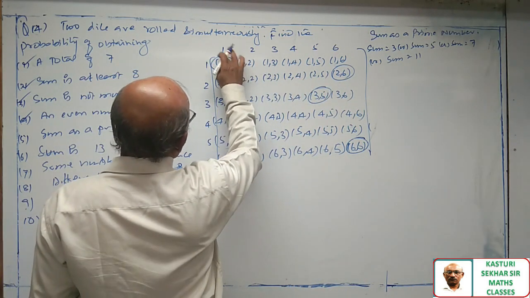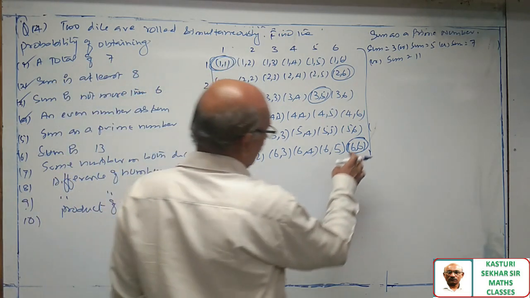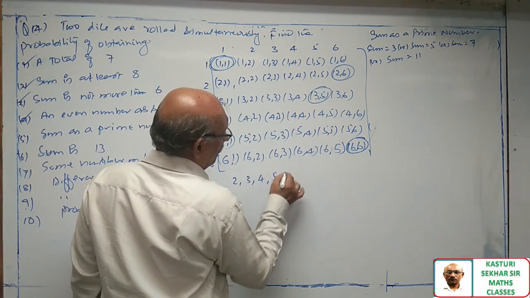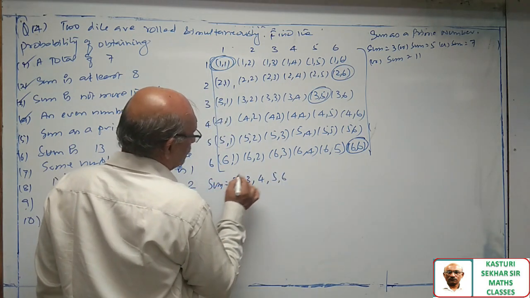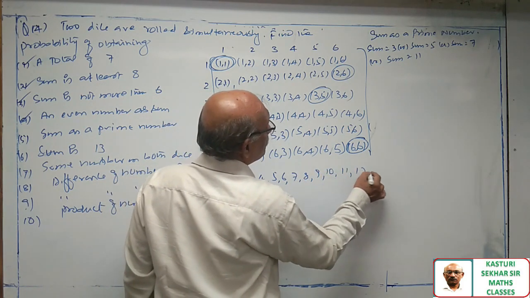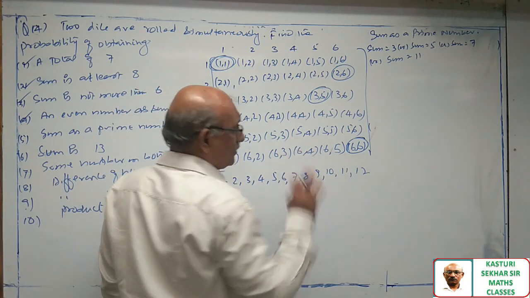Look at this, because the least value of sum is 1 plus 1, 2. Maximum value is 12. So sum means 2, 3, 4, 5, 6, 7, 8, 9, 10, 11, 12.